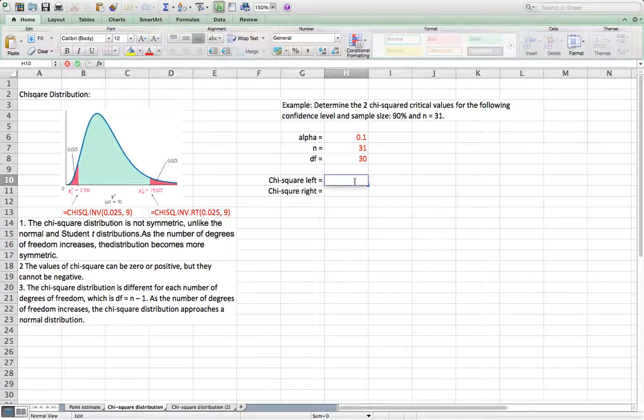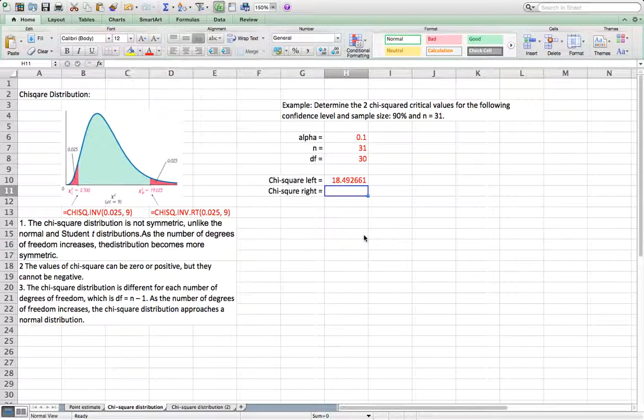So chi-square left will equal CHISQ.INV. Then the probability on the left side will be half of alpha, so it will be alpha divided by 2, and the degree of freedom will be the degree of freedom cell.